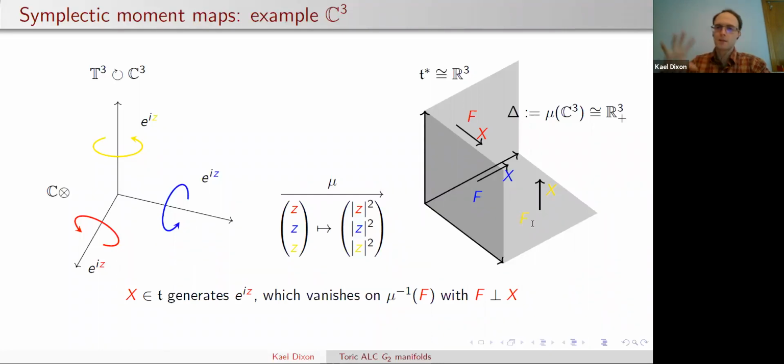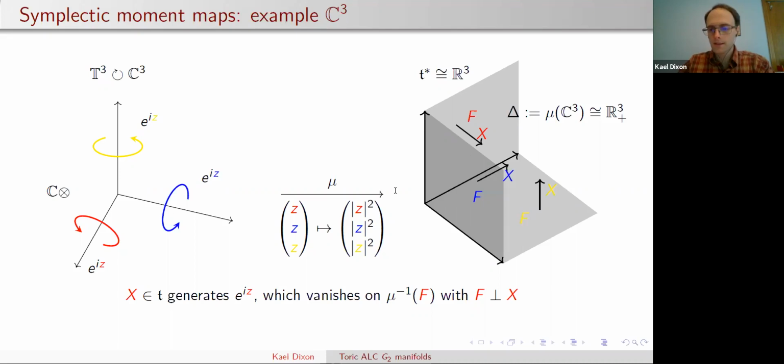And then for each of the faces of the polytope, you can count how many circles collapse at that point by how many of these vectors are normal to that face. So for the generic orbit, nothing's normal, so you have a free action, and then on the other extreme, at a vertex, there are going to be n, or like 3, normal vectors, so it's a fixed point. And all the other faces have in-between behaviors.